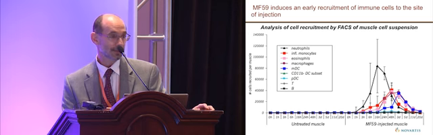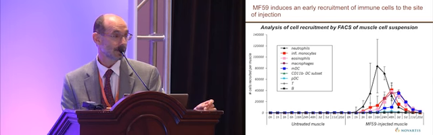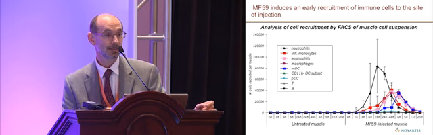When we looked in the muscles, we found that, as expected, there was a significant infiltration of a variety of different immune cells to the injection site within a period of hours to a few days, and then these were cleared.